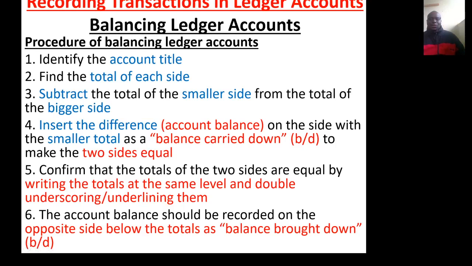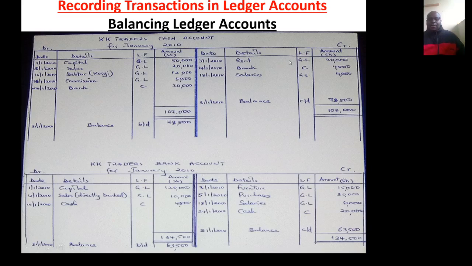Insert the difference or account balance on the side with the smaller total as balance carried down to make the two sides equal. The difference that you obtain, you insert it on the side that has a lower total so that you can have the two sides being equal. And then you call that balance carried down.